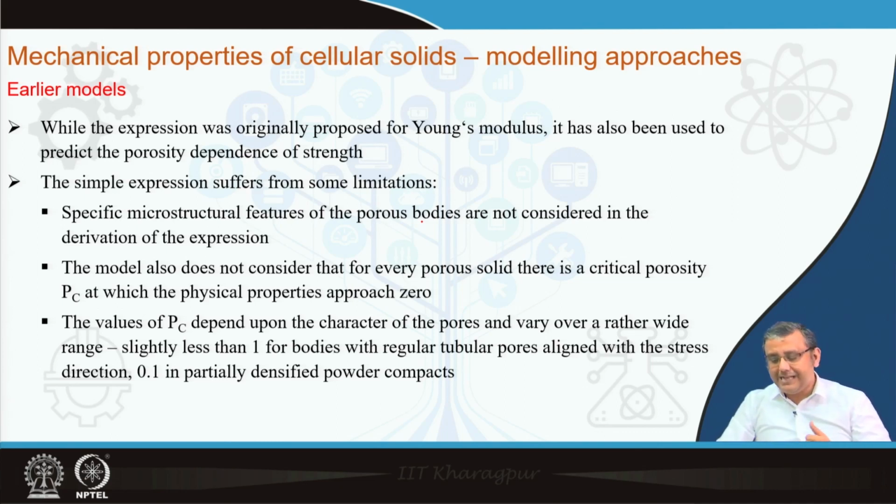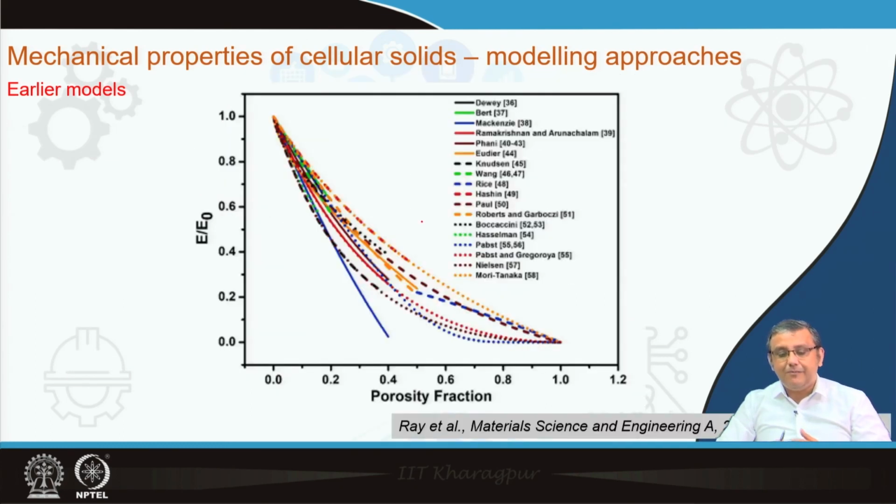Also, as we will see afterward, these models typically predict this kind of an analysis. That means, if we plot the value of E over E0, which is the modulus of the porous material normalized by the modulus of the bulk material, as a function of the porosity fraction along the x axis, we end up with this kind of shapes.